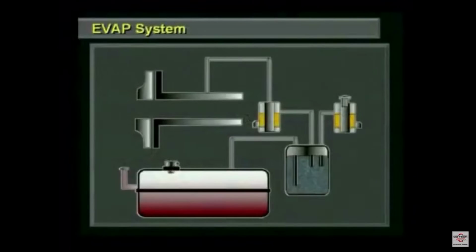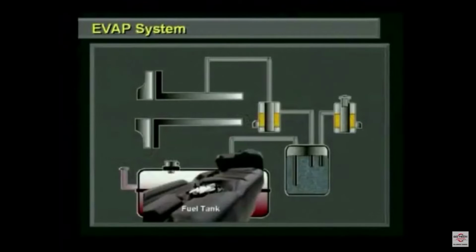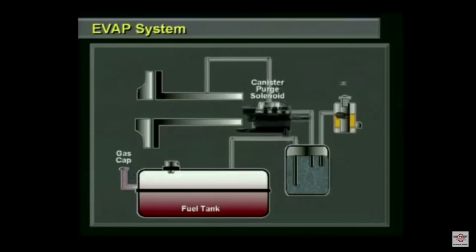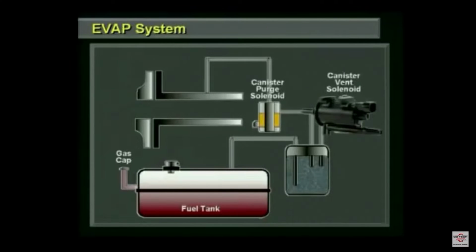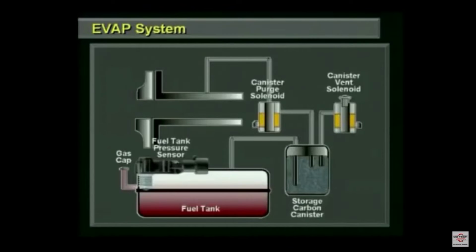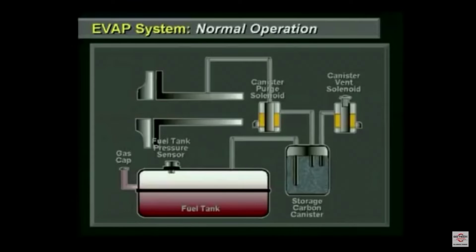The EVAP system includes the sealed fuel tank, the non-vented gas cap, the canister purge solenoid, the canister vent solenoid, the storage carbon canister, and the fuel tank pressure sensor. And here is how it is designed to work.